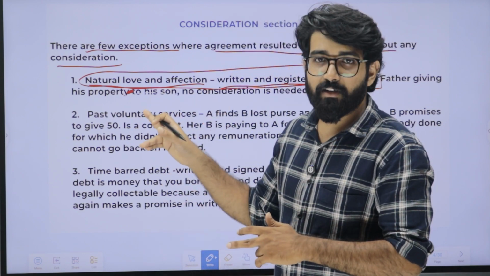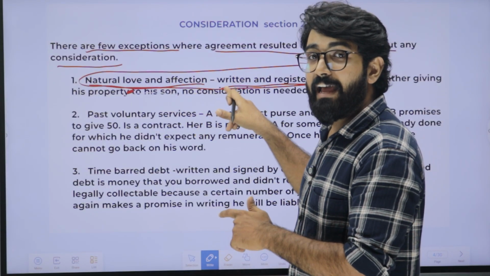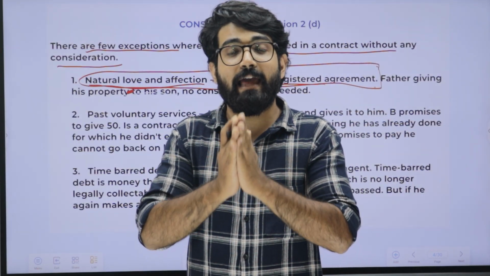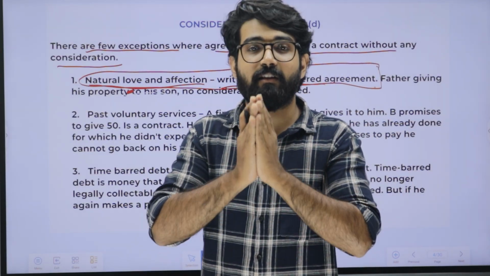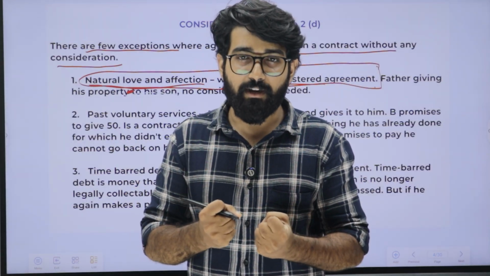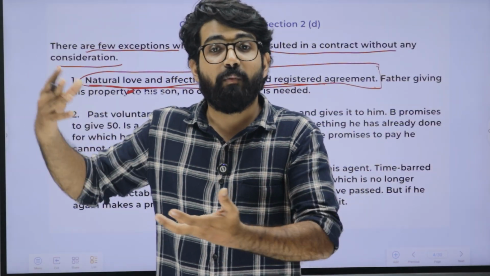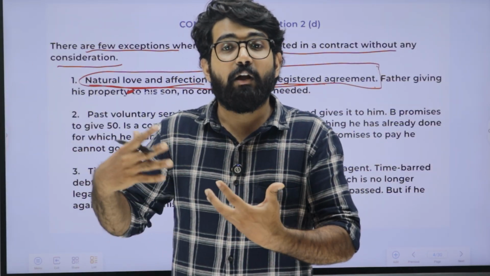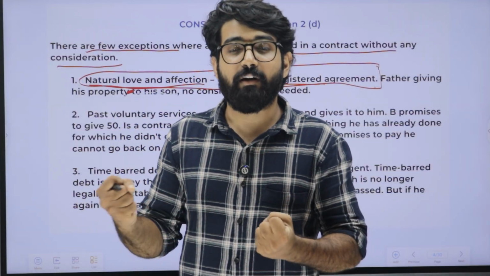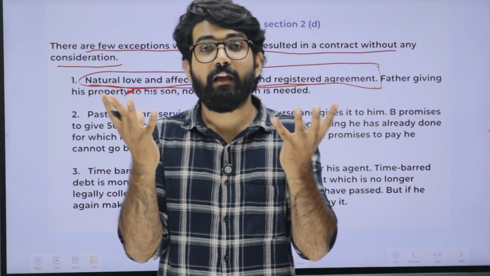So here what is mentioned is that if someone writes and registers an agreement out of natural love and affection, then that is a valid agreement, that is a contract. It results in a contract. So I have written a document that says I am giving my properties to my son out of my natural love and affection. This is a valid contract. No one can say that this is a void contract because it doesn't have any consideration.